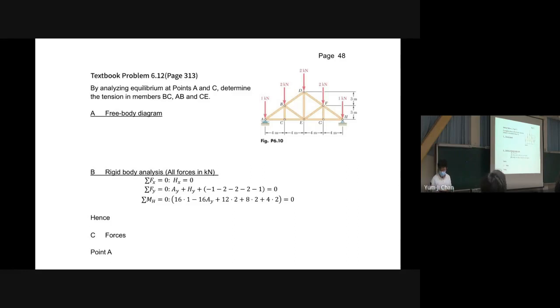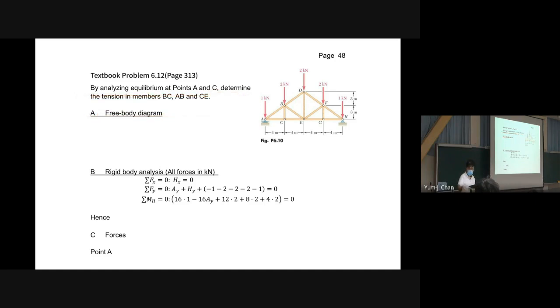So we come to problem 6.12. By analyzing equilibrium at points A and C, determine the tensions in members BC, AB, and CE. I think I've made it shorter.